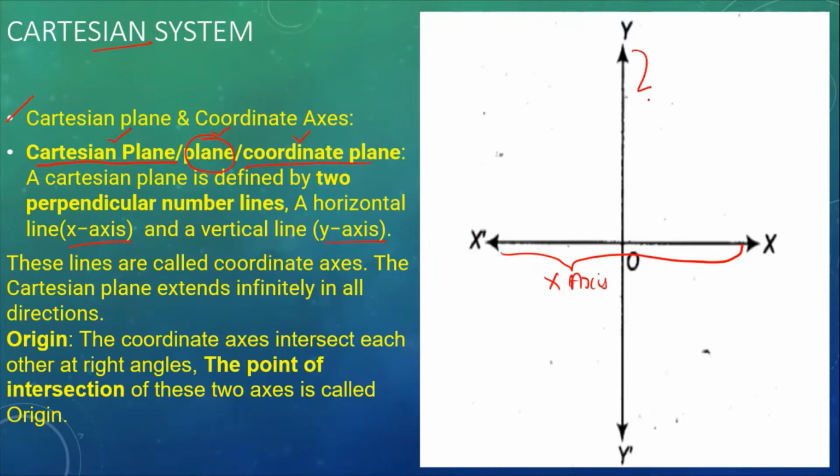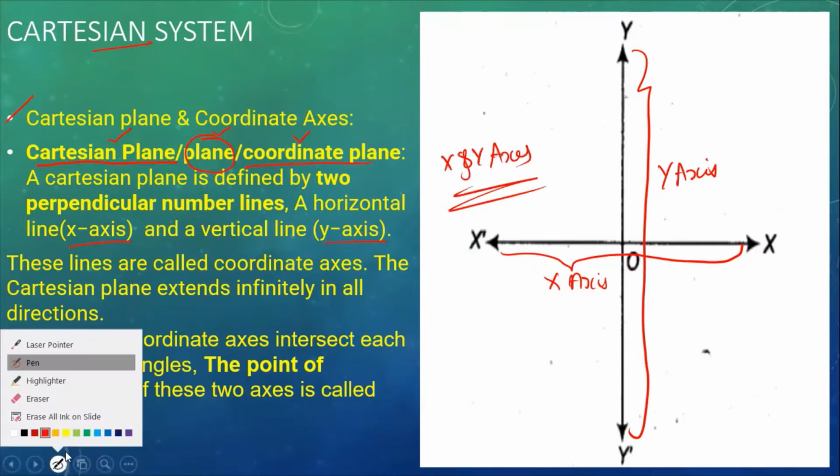And this vertical line which you can see is the y-axis. So the Cartesian plane is nothing but a combination of these two axes, the x and y axes. Clear? Next, moving on.